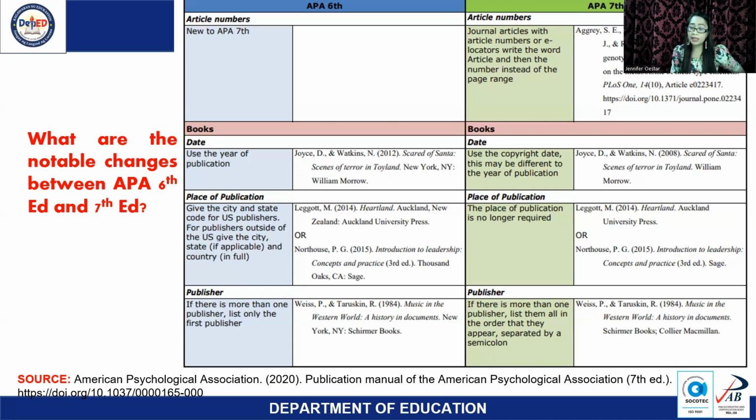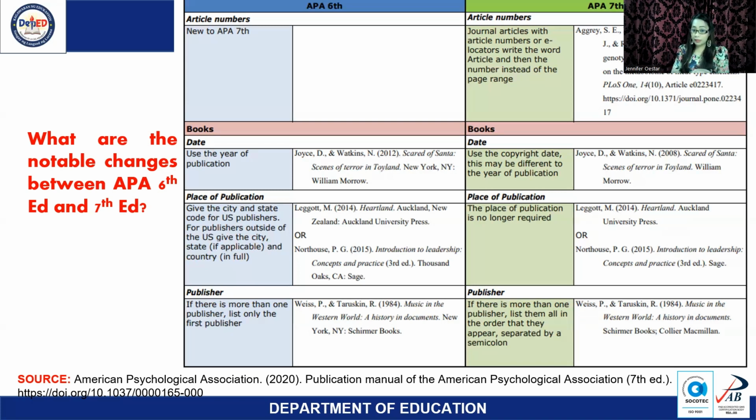The place of publication is no longer required in the 7th edition. Ligot M 2014, Heartland, Auckland University Press, or North House PG 2015, Introduction to Leadership, Concepts and Practice, 3rd edition. Okay, so in the 7th edition, I will reiterate that the place of publication is no longer required.